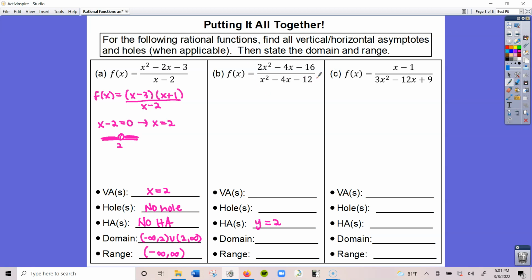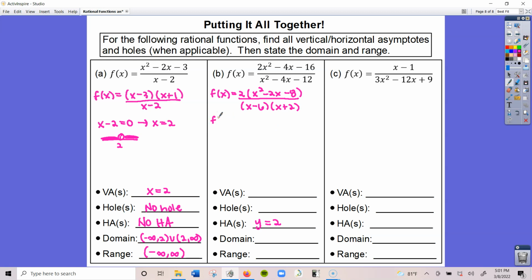To get the rest of the information, I know I'm going to have to factor. So I'm going to factor my numerator. From all of these terms, I can divide out a 2. So I get 2 times x squared minus 2x minus 8 over x squared minus 4x minus 12, which can be factored to be x minus 6, x plus 2.